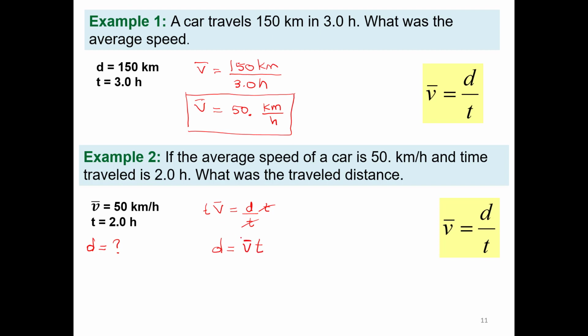Usually in the books, first is the average speed and then the time, so I am writing it like that. Now we just need to replace the values and get the distance. Then the average speed is 50 times 2.0 hours.